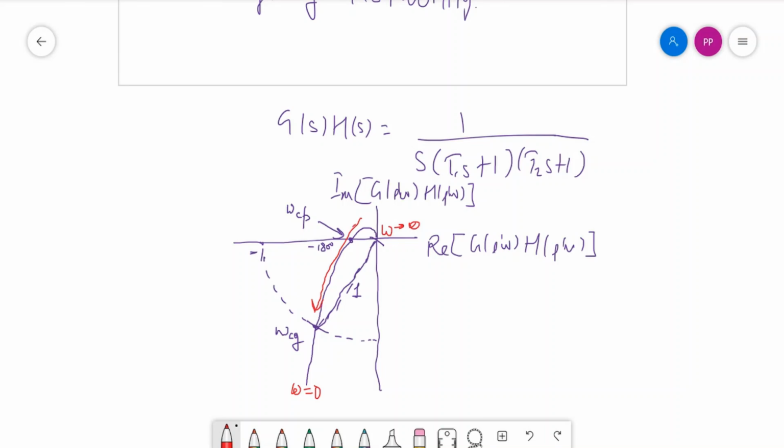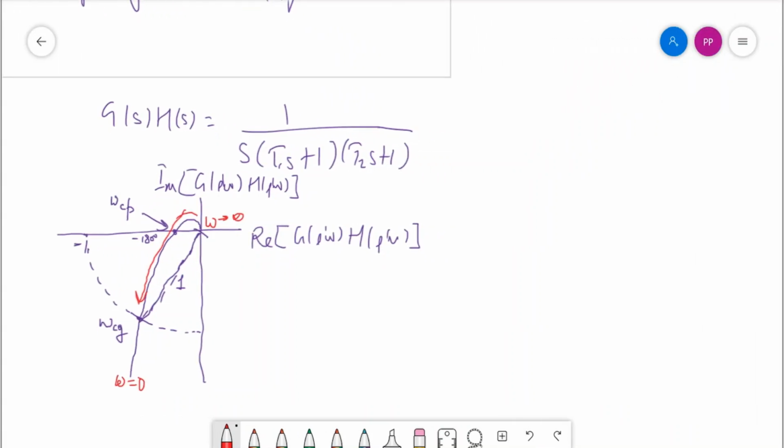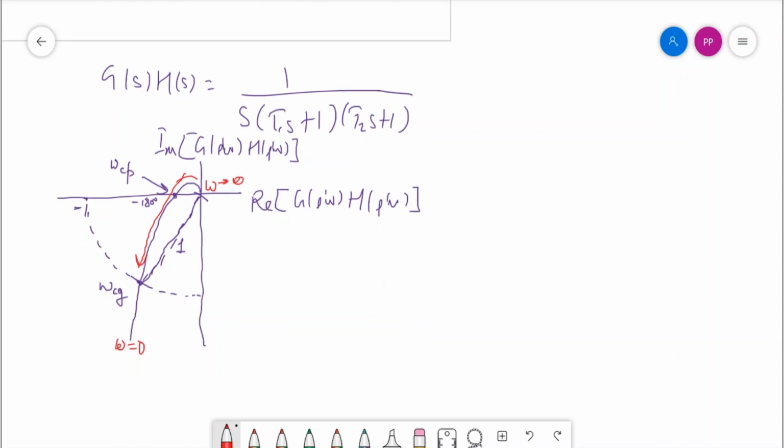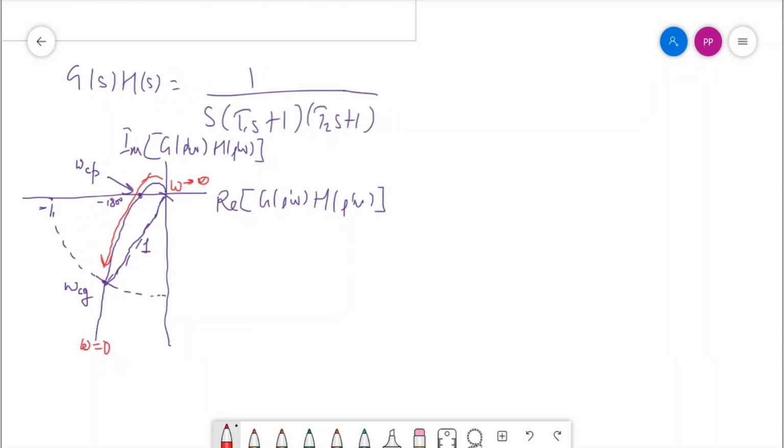So we'll start from very high frequency and we'll settle down at very small frequency. To understand this, let me draw the time domain response for the same, so that things are clear for you.